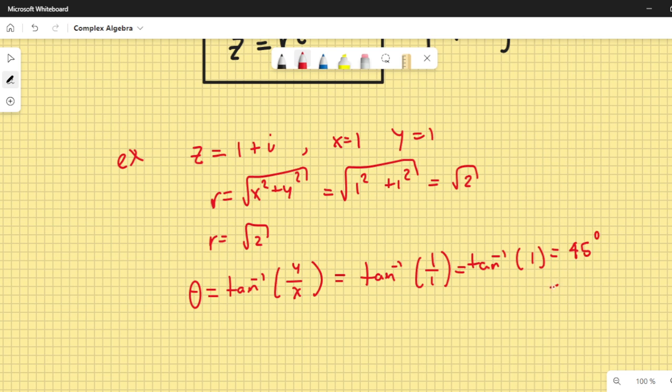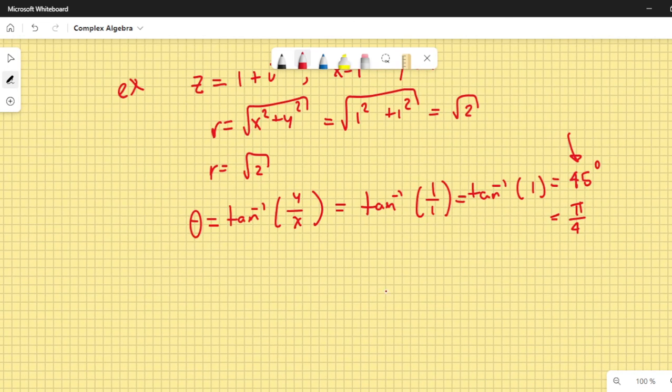In radians it will be pi over 4. You can use the sexagesimal value, it's fine, but it's more common to use the radian number, so let's better use this one.